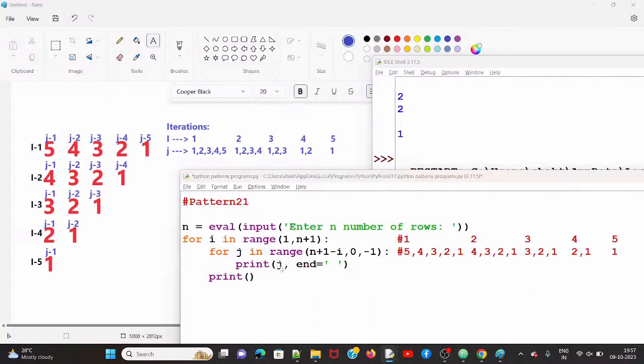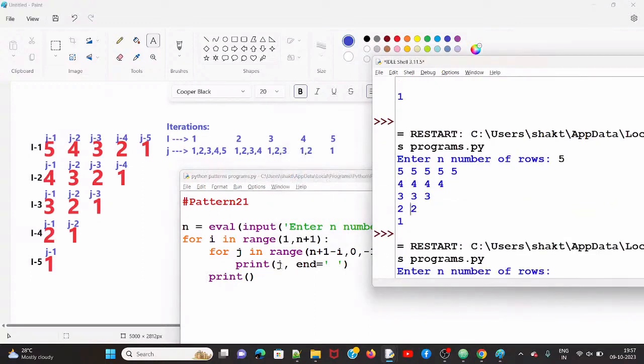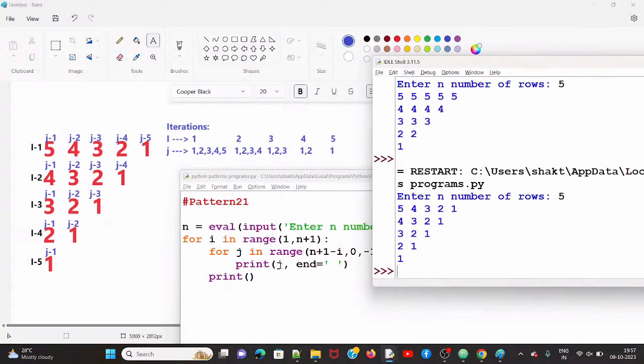That's all. Now all of you guys observe here. I'll take the 5. The output is 5 4 3 2 1, 5 4 3 2, 3 2 1, 2 1 and 1. That's all.